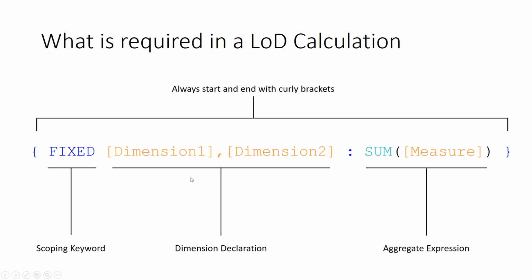That can be multiple, it can be none, it can be everything in your data set, as many as you want in there. Then a colon to break it up, and then you need an aggregated measure in there. So you need an aggregation anyway, like a sum or an average or a min-max, and then a measure. And that is going to be what is calculated in the visualization.